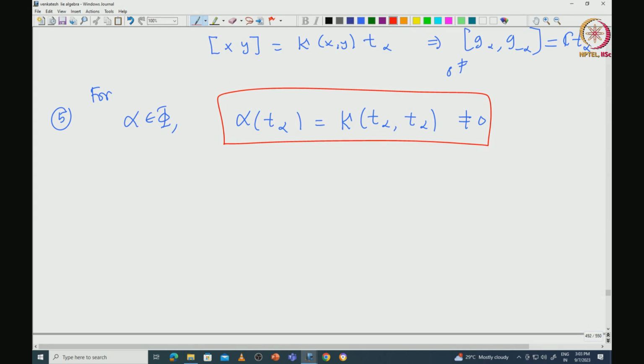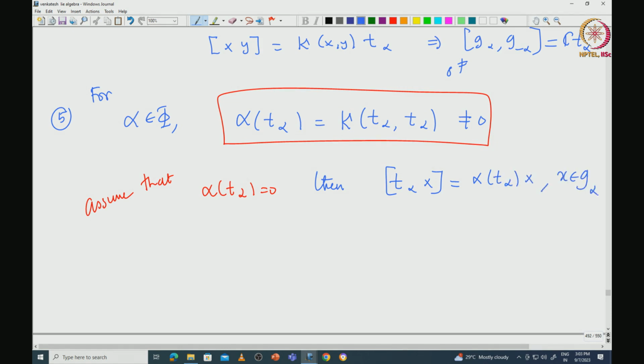Again this is done by contradiction. Let us assume that alpha of t alpha is 0, and see what we get. If alpha of t alpha is 0, then if we compute t alpha bracket x, that must be equal to alpha of t alpha times x for x in g alpha.